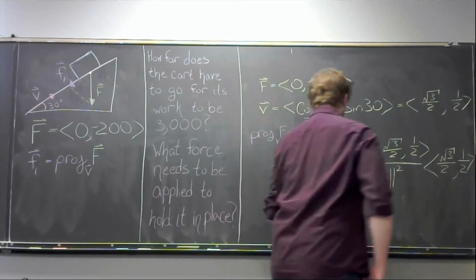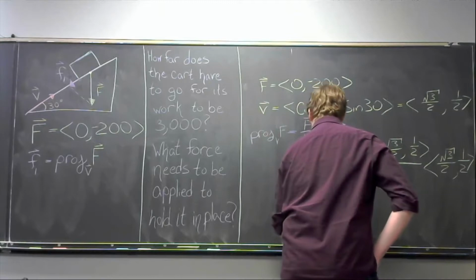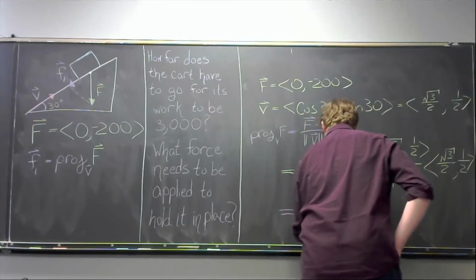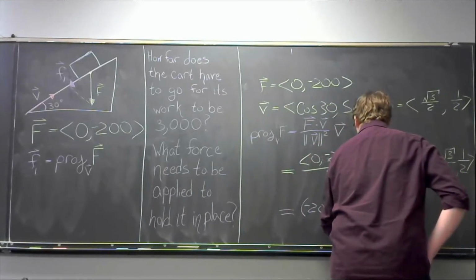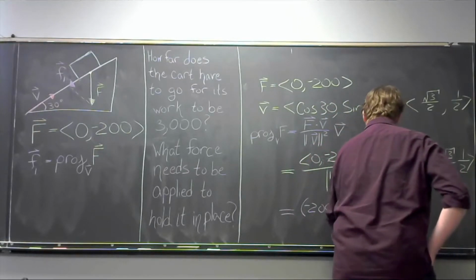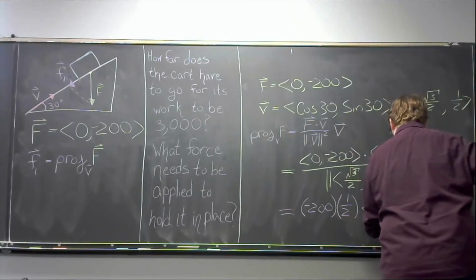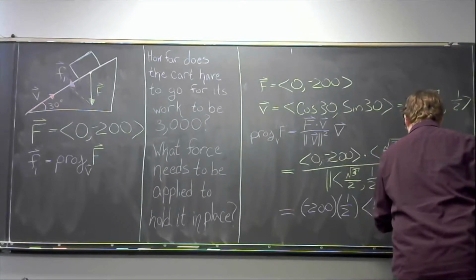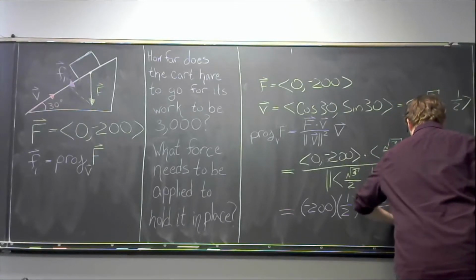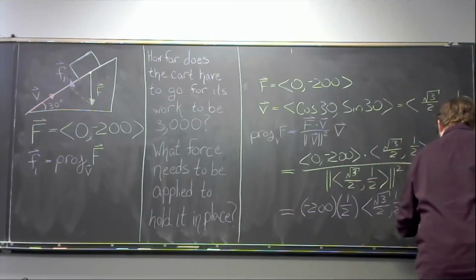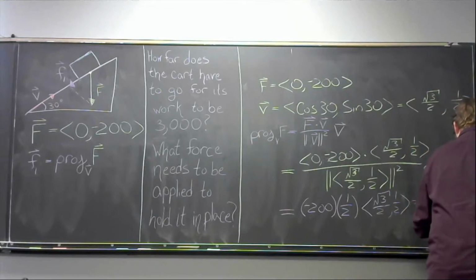What we've got then is negative 200 times 1/2 times the vector square root of 3 over 2, comma 1/2, which is equal to 100 times cosine of 30, sine of 30, and I'm out of room.